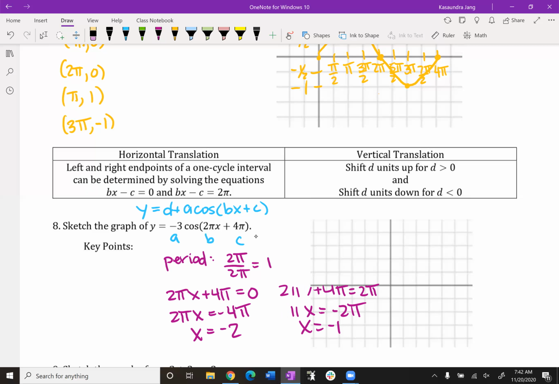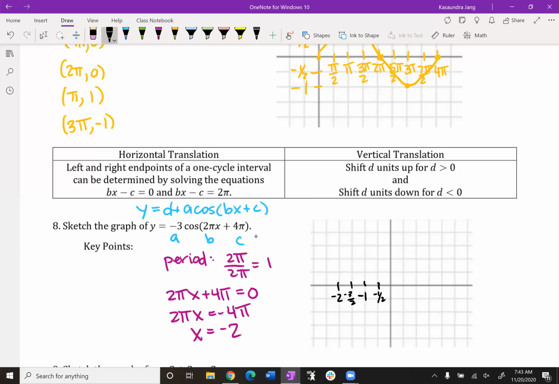I'm going to erase this here. Maybe I'll count this x-axis by half or something. There's negative 1/2, here's my negative 1, negative 3/2, negative 2.